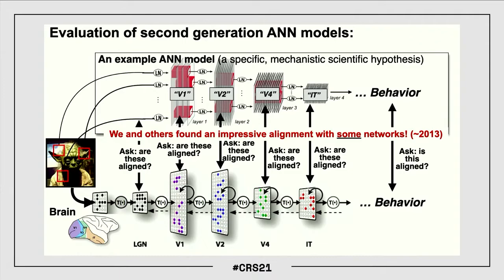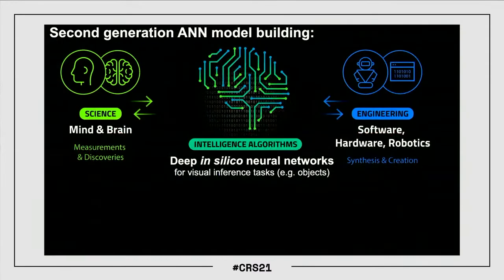Now, we can continue to ask alignment questions. In fact, that's actually the direction that our group is mostly taking, is to try to keep improving these alignments at all levels of the network. And I'll return to that at the end as to how we're doing that. But I want to step back for the broader audience to say, the way you should think about this second generation model building technique that I described, it's not just in vision that you see this happening.